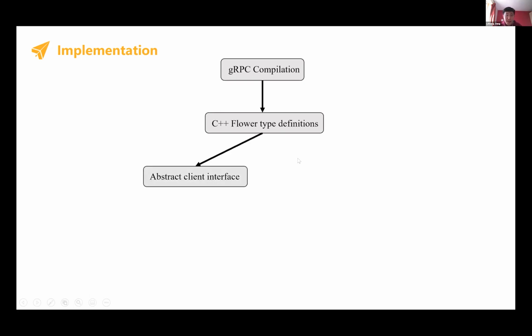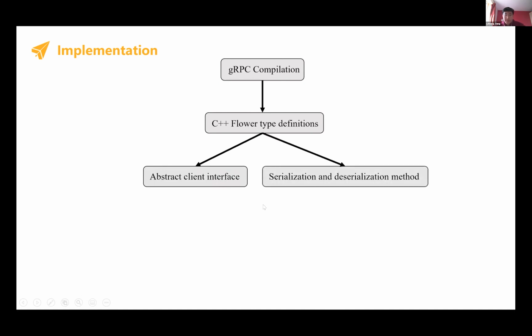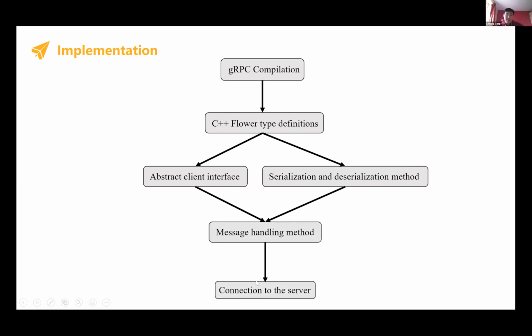Then we define an abstract client interface so that the C++ user can simply extend from this interface and use Flower. Then we define serialization and deserialization methods for communication and message handling methods. And finally, we start the connection to the server.